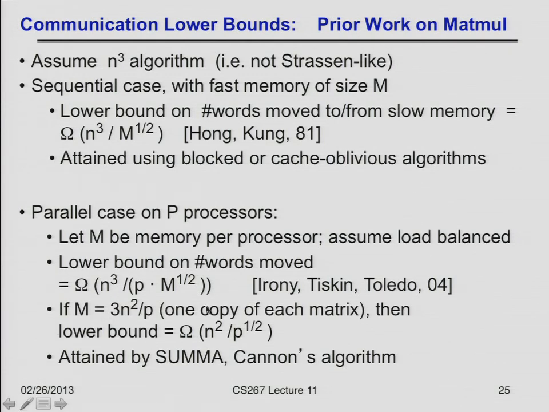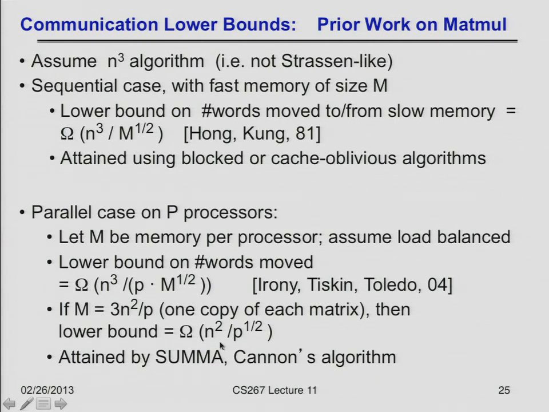If I have 3 n by n matrices, and each processor gets one piece of the data, that's how much memory I'm effectively using in each processor. So the memory per processor to apply this lower bound is 3n squared, the total storage, divided by p. That's what goes in the M, and when I plug that in, this turns out to be the lower bound.